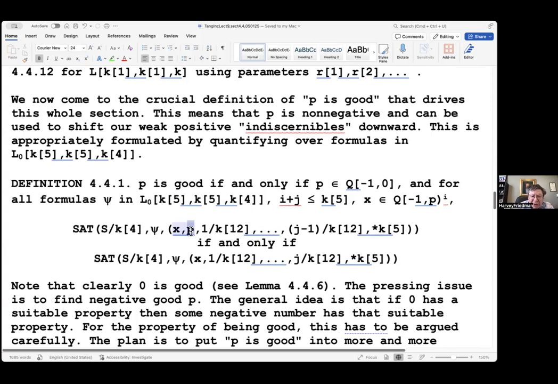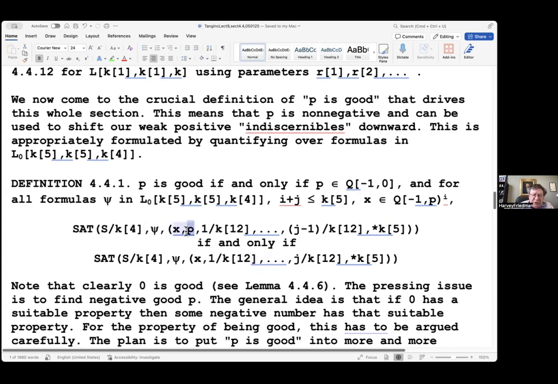Well, obviously, it's not plausible that I could use any old P. So I call P good if and only if it's non-negative, and you can use it to shift down, and you can use it for entry into the negative numbers. That's what P is good means. More specifically, it means for any formula phi, if the numbers match up right and aren't too big, then SAT of X, P, 1, K12 through J minus 1 is equivalent to pushing the P up to 1 over K12.